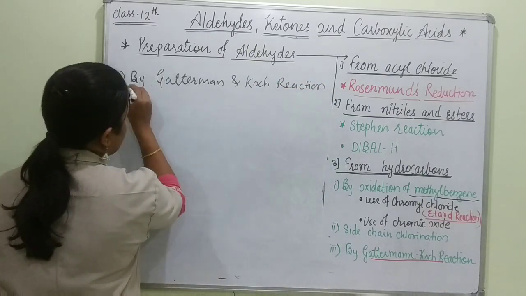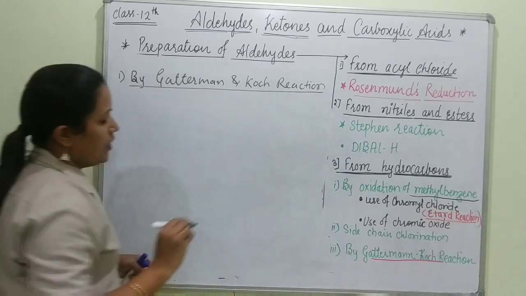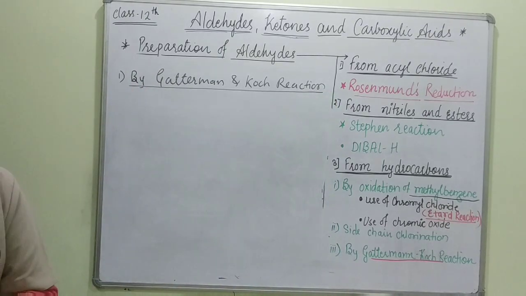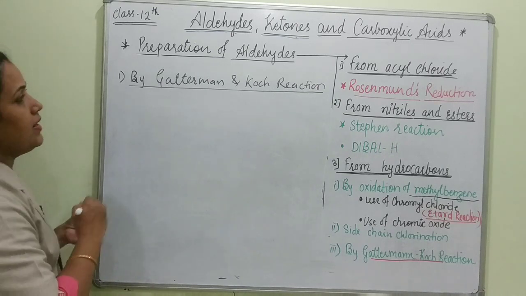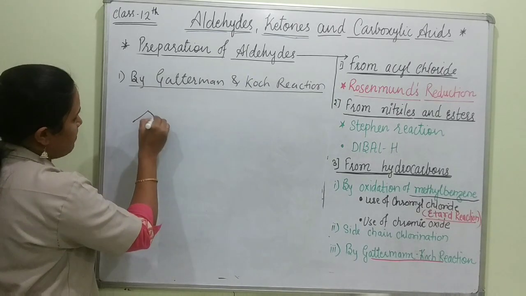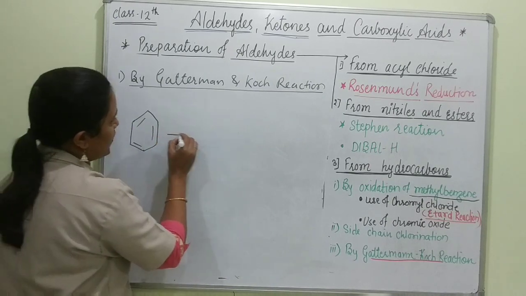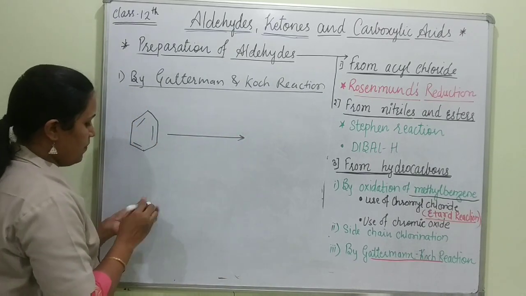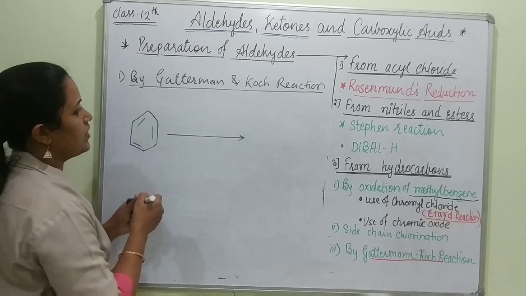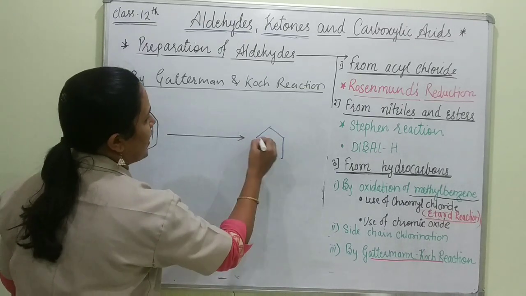And in this Gattermann and Koch reaction, we can observe that if we have simple benzene with us, simple benzene can also be converted into aldehyde.